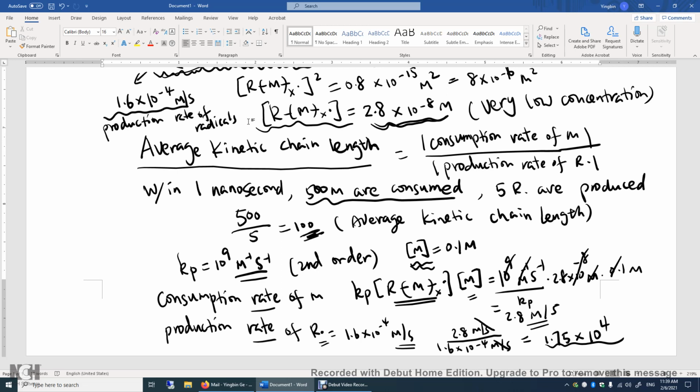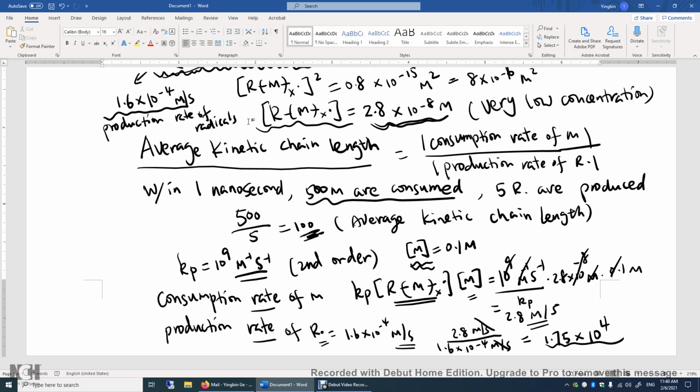So if you need an analogy, and if you play Lego, let's say within 1 second, I threw 5 base plates into a room. In this room, there are many people who keep adding Lego blocks on top of the base plates. And within 1 second, they consume, let's say, 500 Lego blocks.